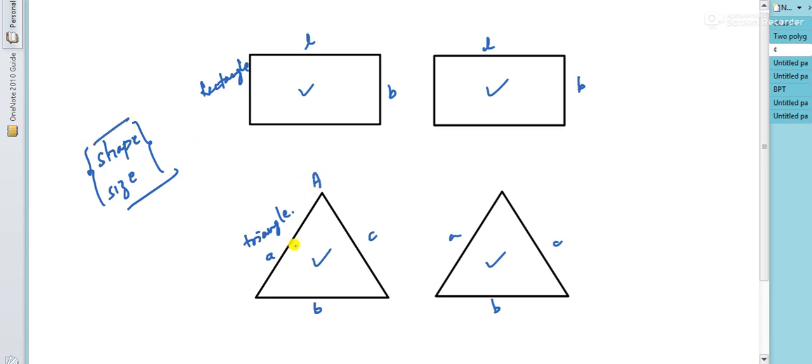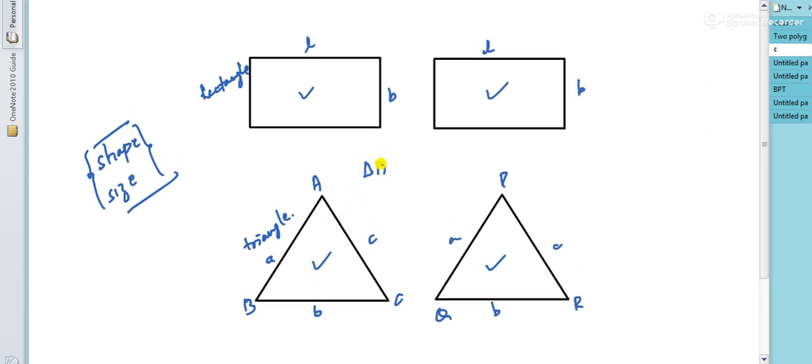If I name this triangle as ABC and this as PQR, we can write triangle ABC is congruent to triangle PQR. So this is the symbol of congruent.